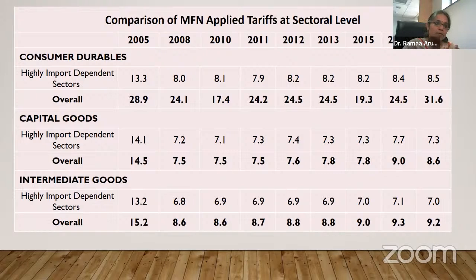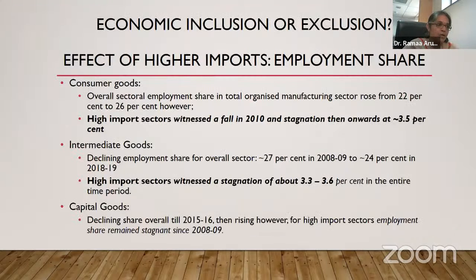But that story is not very keenly observed in the other sectors or other classifications. But definitely for the consumer goods sector, there was a clear indication that the bringing down of tariffs was visible in having an impact on the domestic production. But there are other factors also, which we'll see in the study.